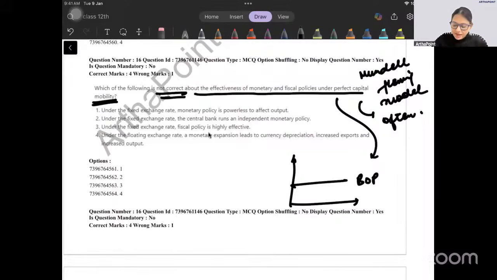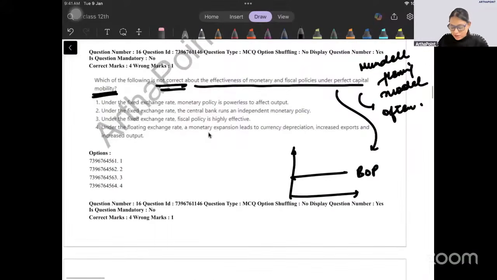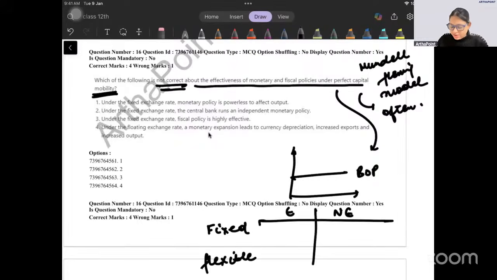So when we have perfect capital mobility, तो दो exchange rate आ जाते हैं. One is fixed exchange rate, one is flexible exchange rate. Then we have effective and non-effective. In the fixed exchange rate, fiscal policy is effective, monetary policy is non-effective.